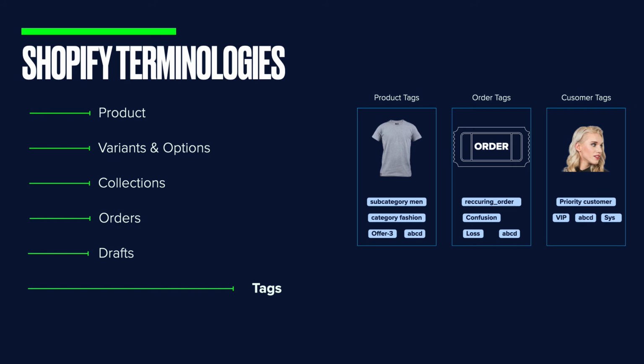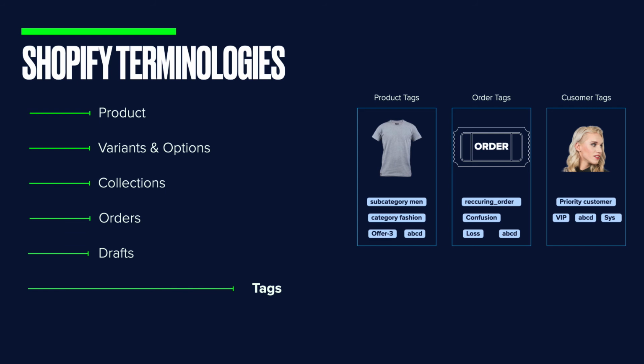We have already seen that we use collections as a group of products. So how are these collections made? These collections are made with the help of tags. We tell Shopify that if a product has a tag called subcategory space men, it should be put under a collection called men's fashion.